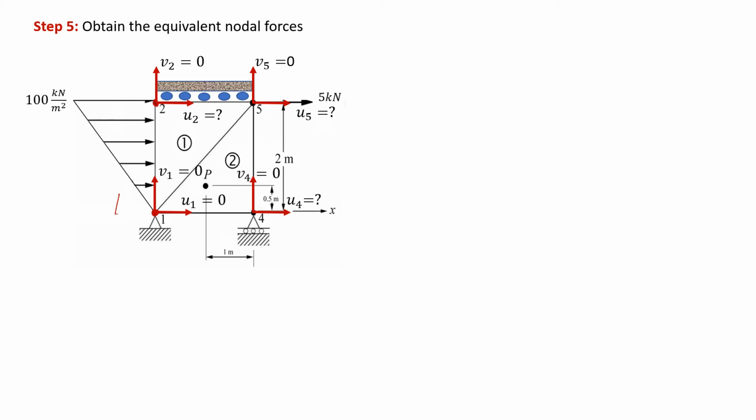Therefore, we can determine the value of Tx1 and Ty1 by referring to node 1. So at node 1, as the minimum pressure is 0, Tx1 is equal to 0, and there is no pressure in y direction, therefore Ty1 is also equal to 0.